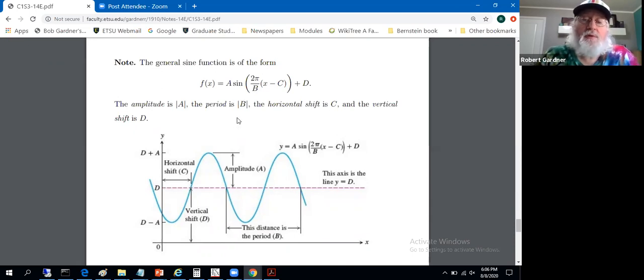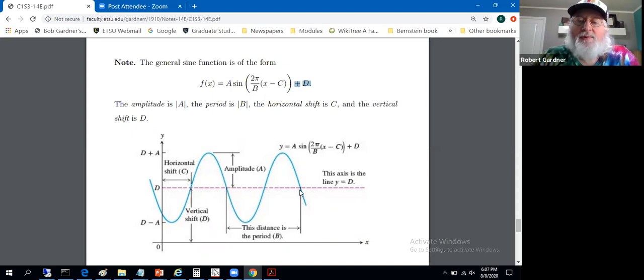The amplitude tells how high up that function goes and how far down it goes. So the amplitude is reflected by this displacement from the average. The average, sometimes called the axis of the trig function, is what's been added on over here. So we get a vertical shift by amount d. In the picture, d is positive. If d were negative, we'd shift it downward.